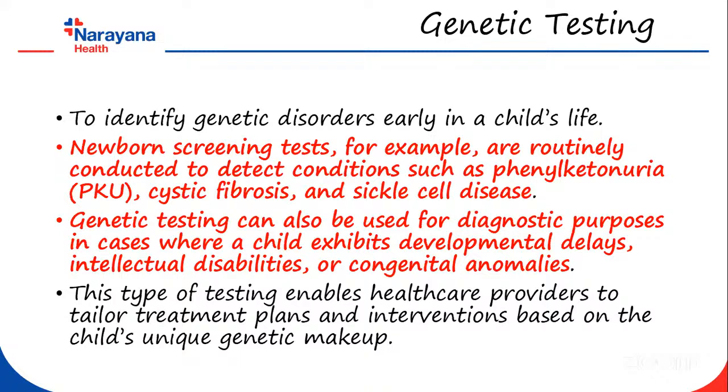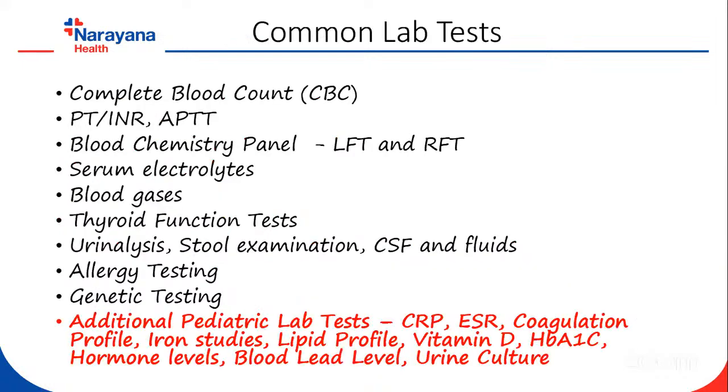Genetic testing is done. Newborn screening tests, for example, are routinely conducted to detect conditions such as phenylketonuria, cystic fibrosis, and sickle cell disease. It can be used for diagnostic purposes in cases where a child exhibits developmental delays, intellectual disabilities, or congenital anomalies. I come back to my first slide, which I showed, to show the common tests that are done in our lab.